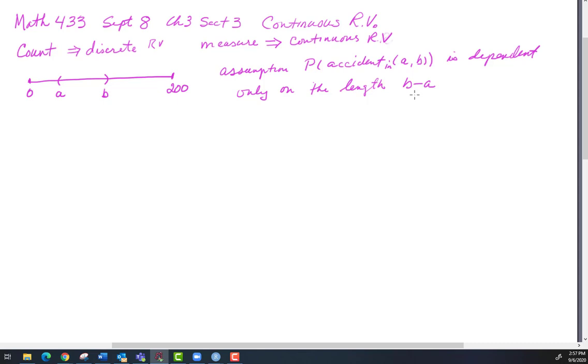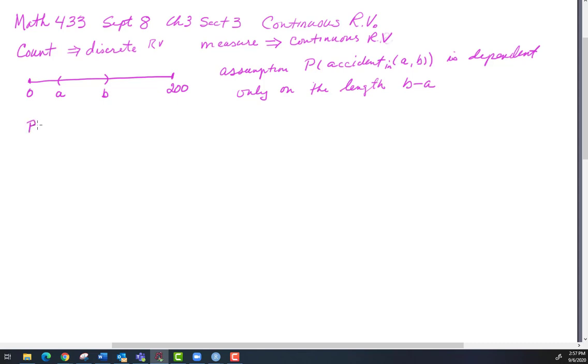B minus A. So if we're talking about a long strip of highway, then the probability that an accident occurs somewhere in that strip is pretty good. If we're talking about a short strip, the probability would no doubt be smaller.